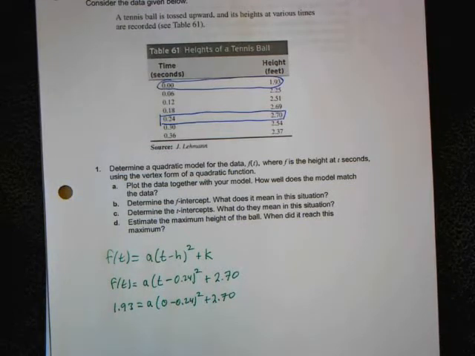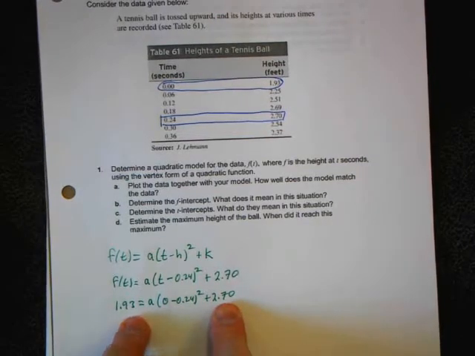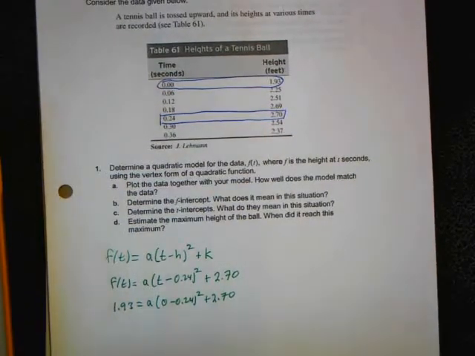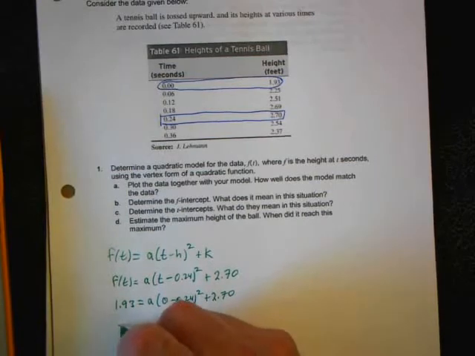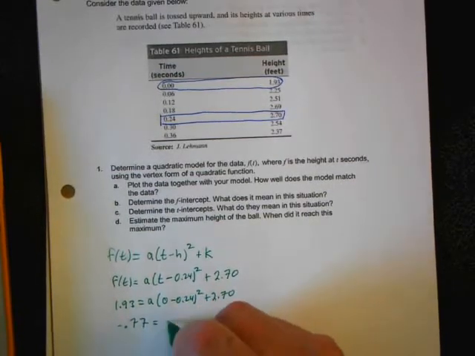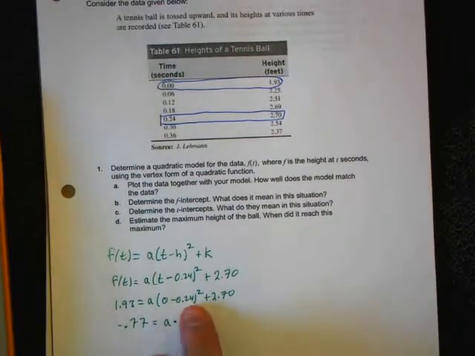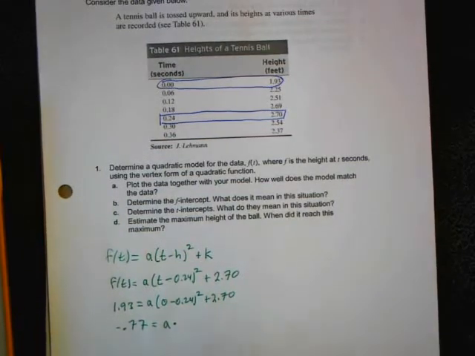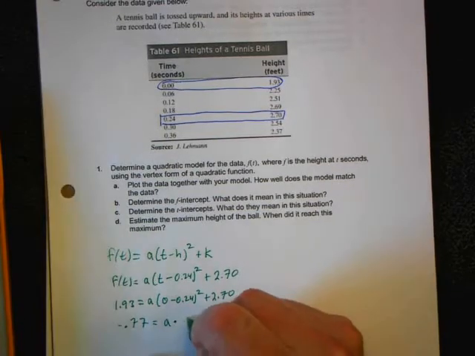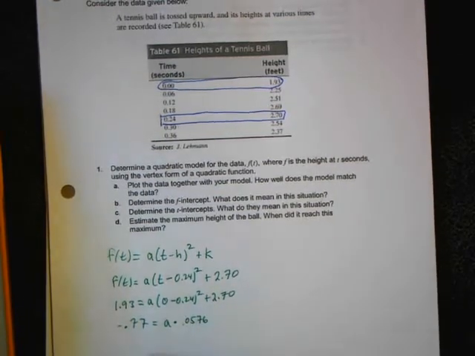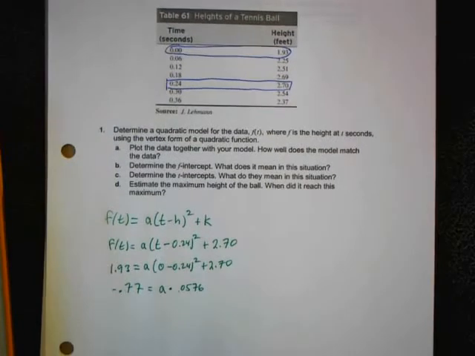And what I need to do is get the a all by itself. To get the a all by itself, I think I would subtract the 2.7 on both sides. 1.93 minus 2.7, I get negative 0.77 equals a times, and I think I would grab my calculator and square that. Negative 0.24 squared is 0.0576. So to get the a all by itself, I divide.